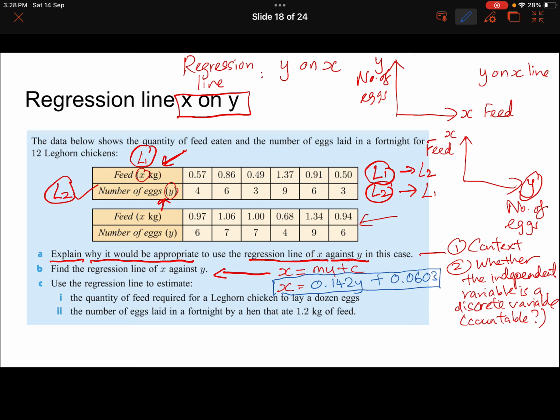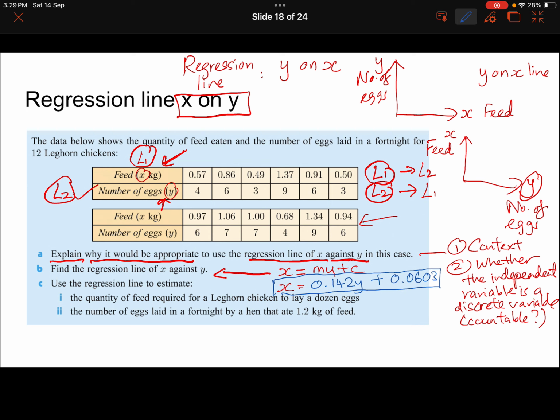Okay, so I'm going to give a quick summary of what I said earlier. When we do a regression line of x against y, we are basically swapping the variables, which is swapping the independent and the dependent variable. Before we apply the regression line of x against y, whether it's appropriate to use really comes down to the context of the question.